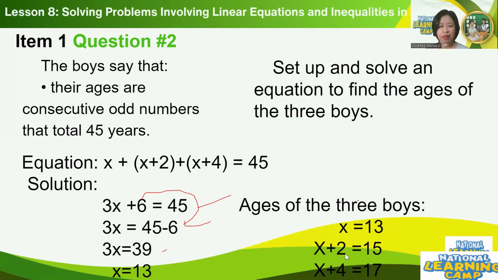Then x plus 2 is equal to 15, because 13 plus 2 is 15. Next, x plus 4 is 17, because 13 plus 4 is 17. So these are the ages of the three boys, 13, 15, and 17. And we notice that they are consecutive odd integers.